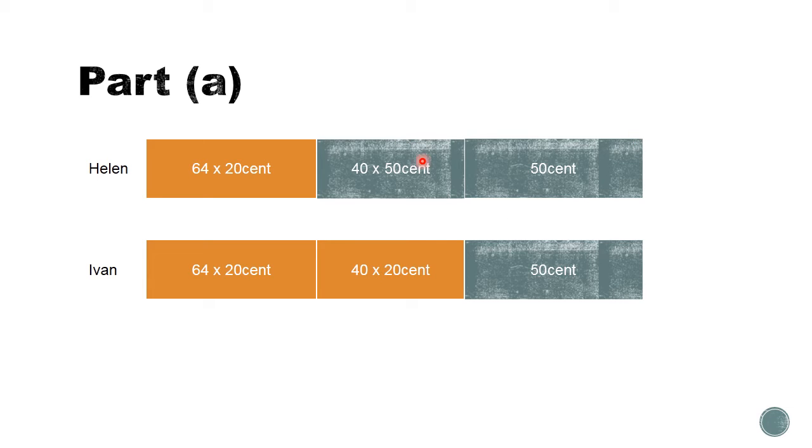So this part here is actually 40, but the difference is this part is 50 cent and this part here is 20 cent. So this portion is the same, this so-called column is the same, this column is also the same. The only difference is this middle portion.